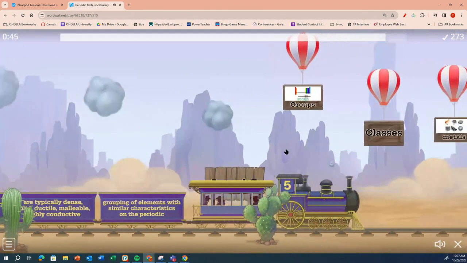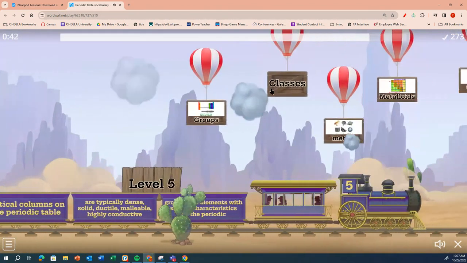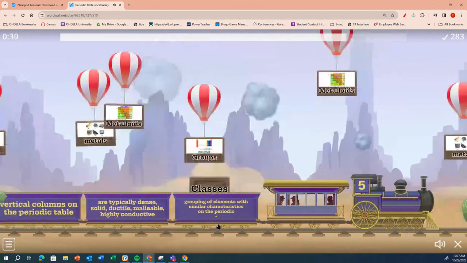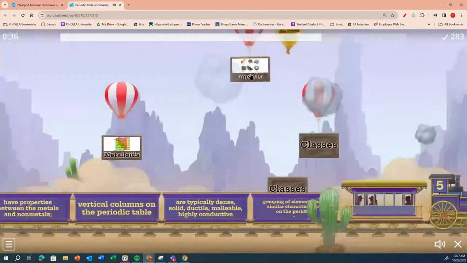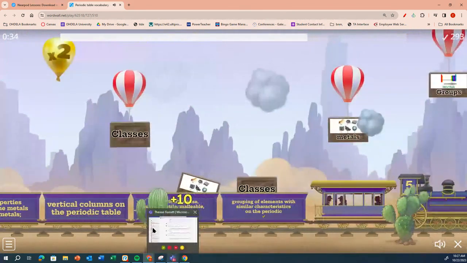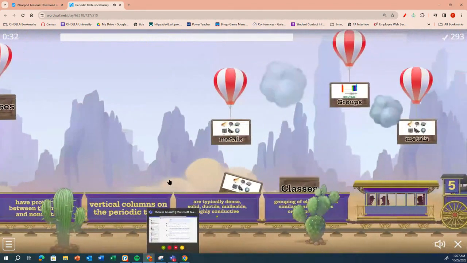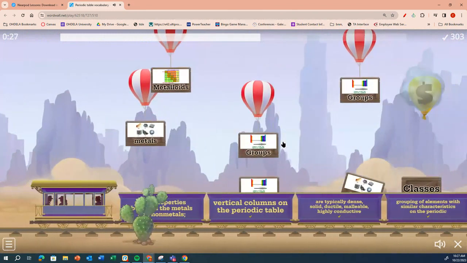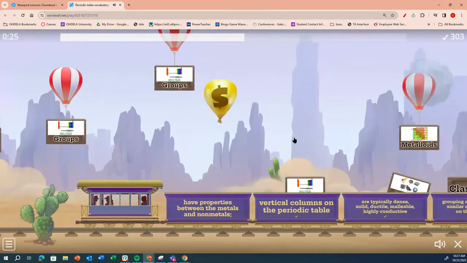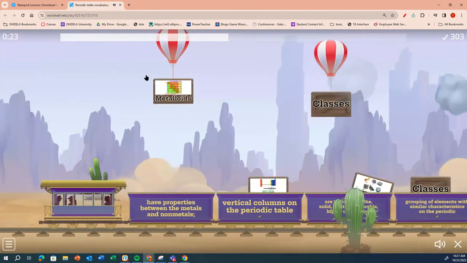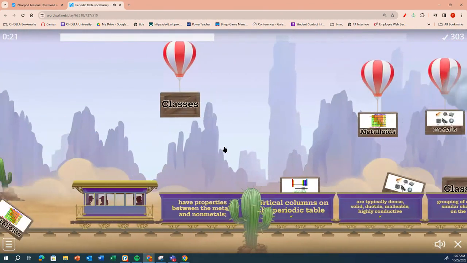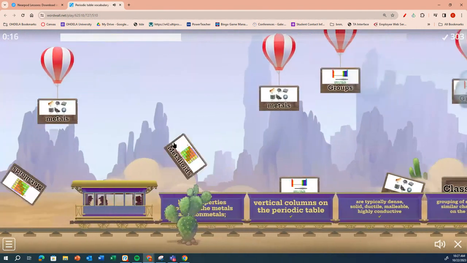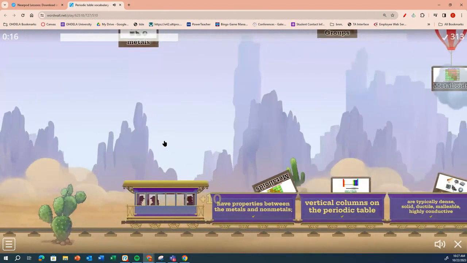Elements with properties between, those are metalloids. Vertical columns are your groups.